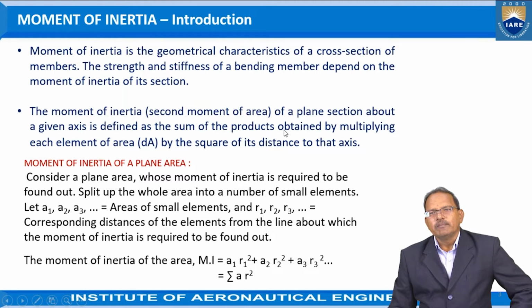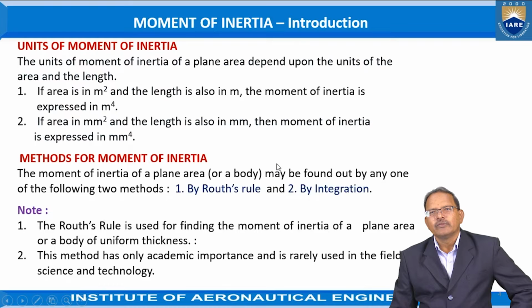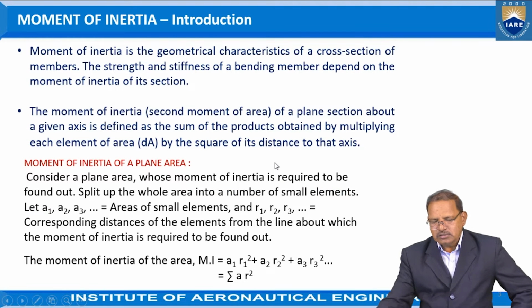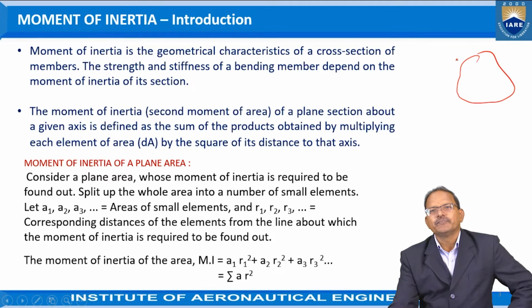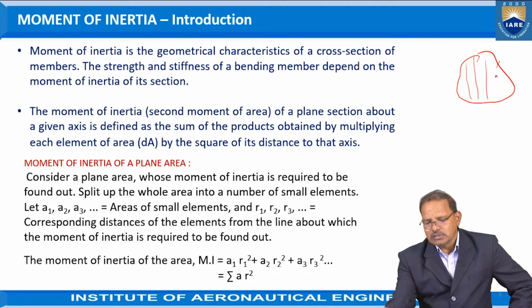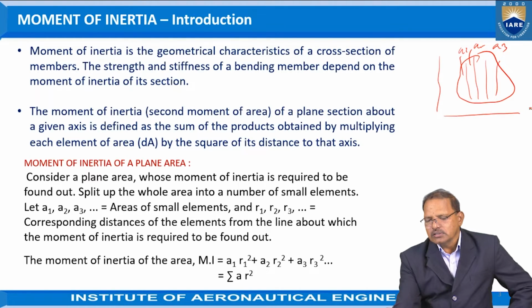The moment of inertia of a plane area. Now consider a plane which is divided into some number of segments, each element having an area of cross section A1, A2, A3 and so on, and it is kept under a coordinate axis, that is the x-axis and y-axis.